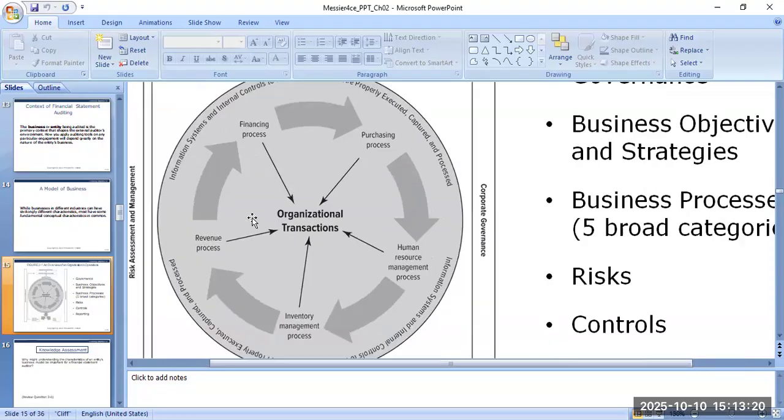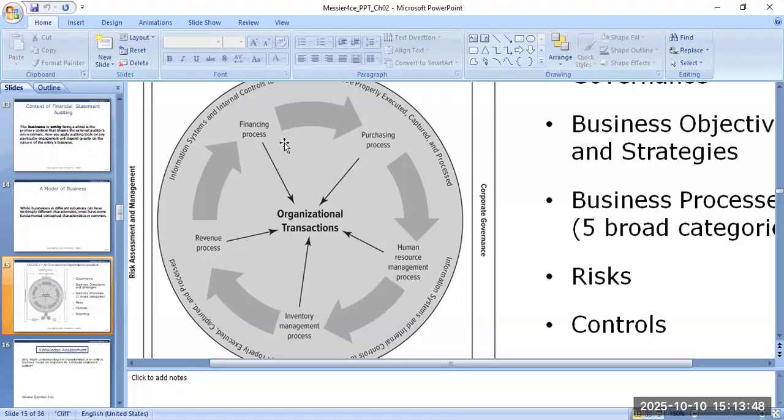So we're going to see later that we're going to chase first where the revenue is coming from. Obviously, the revenue is going to trigger the finances, money that's coming into the company. Then we're going to see where the money goes in terms of the purchases. The other place that the money goes is human resources or the payroll. And the last one is the inventory management process.